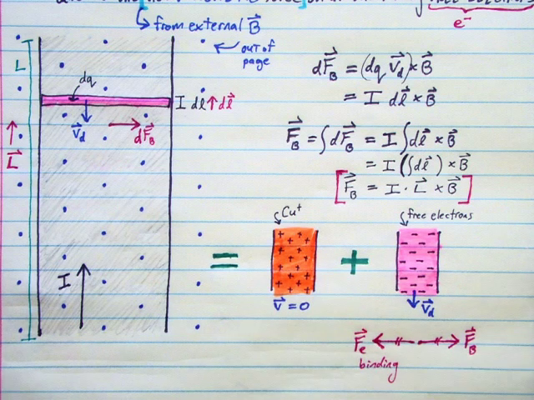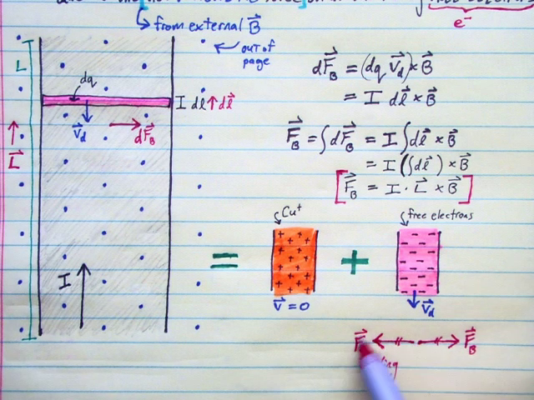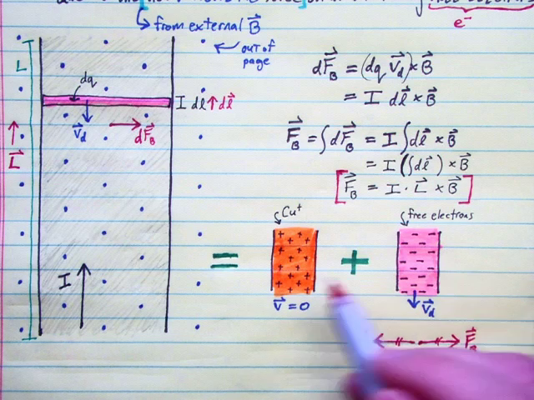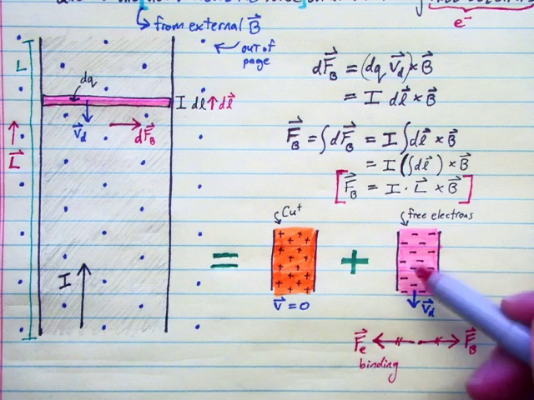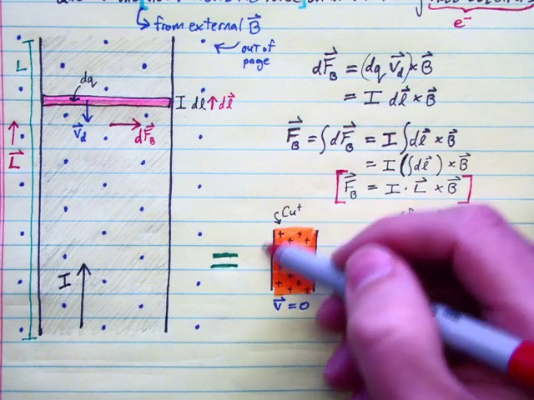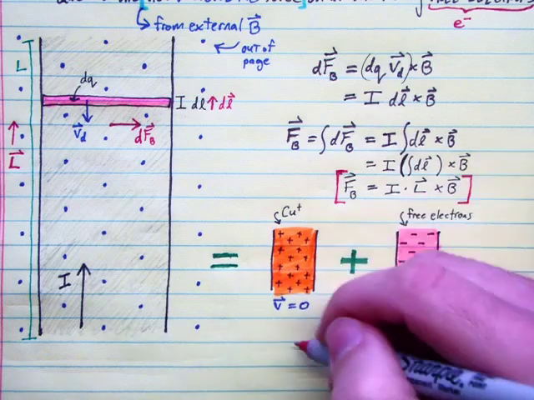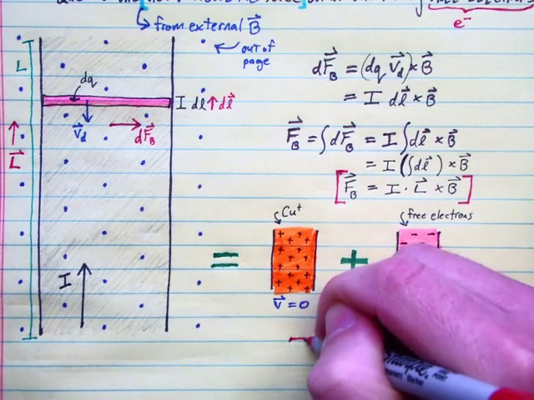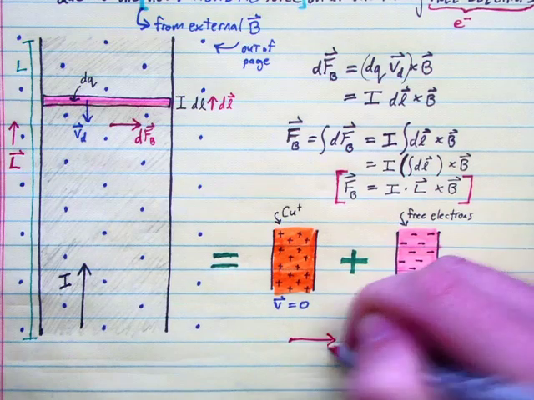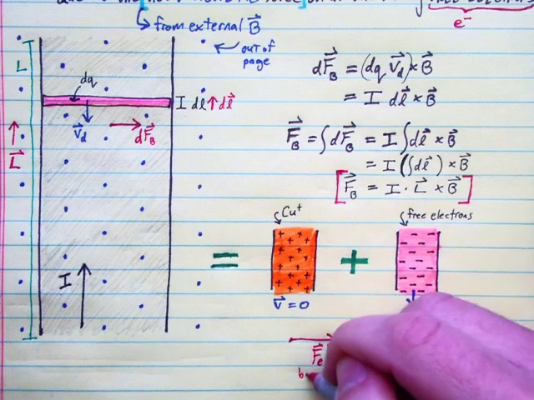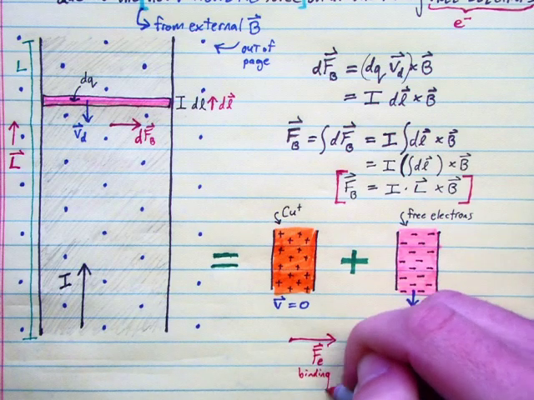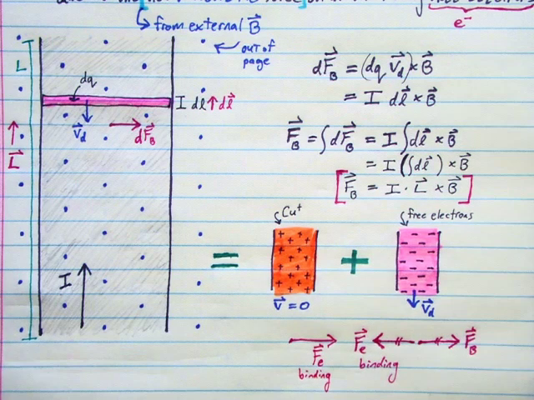Okay, but Newton's third law holds. So if there is a net electric binding force from the copper ions on the free electrons, then there is, correspondingly, on our copper ions here, an equal and opposite electric force binding those copper ions to their surrounding cloud of free electrons.